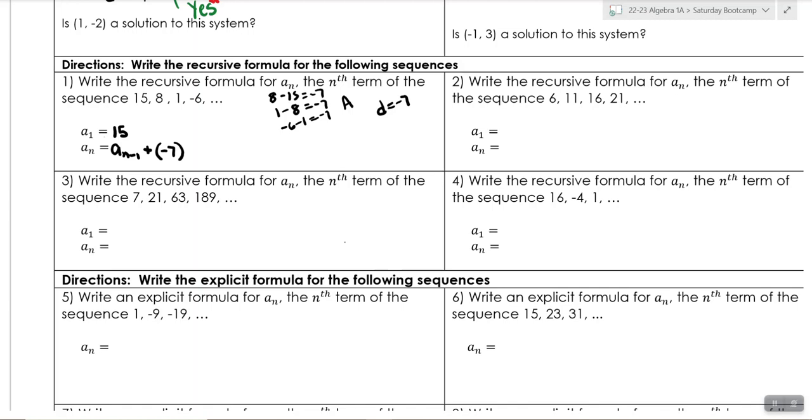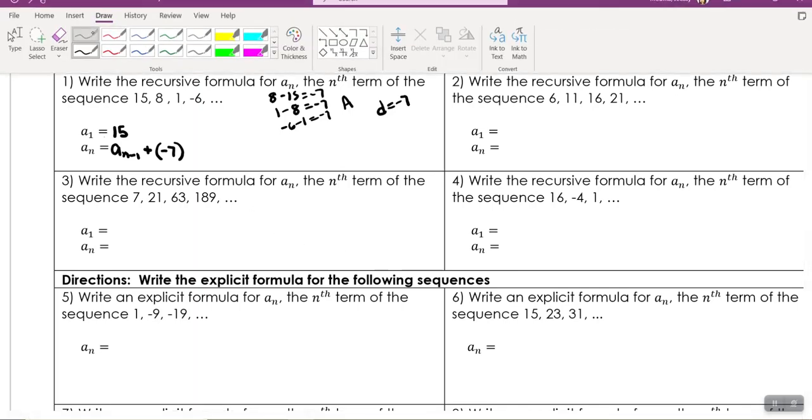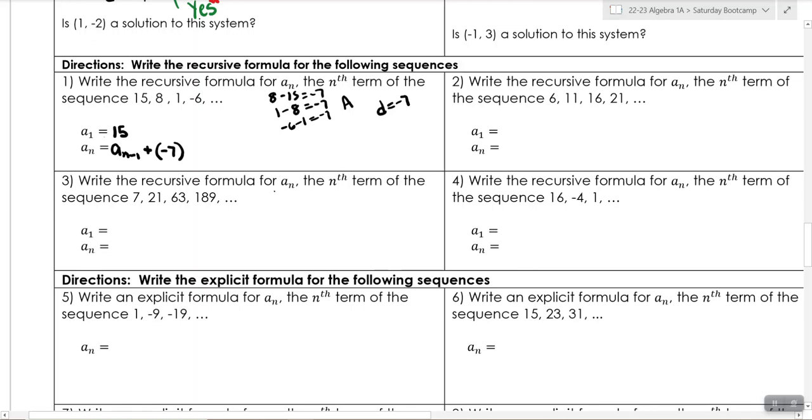21 minus 7 is 14. 63 minus 21 is 42, so it's not arithmetic.